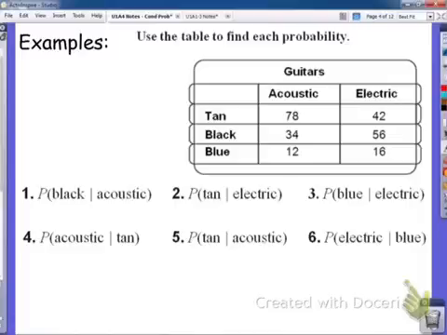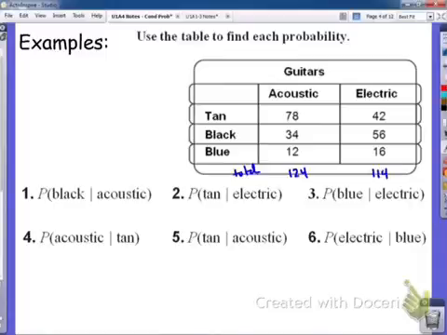Let's do it by figuring out how many acoustic guitars are there. Total that up. 124. So we get 124 total acoustic guitars. And how many electric guitars are there? Did I hear 114?